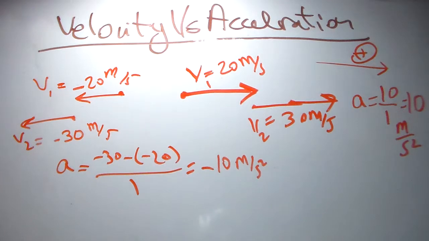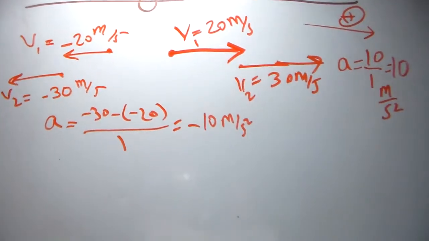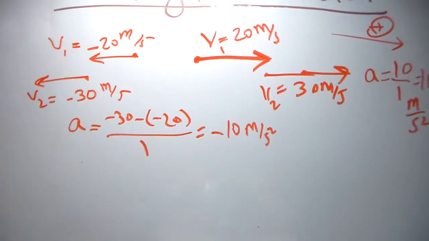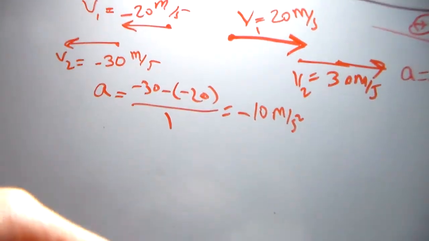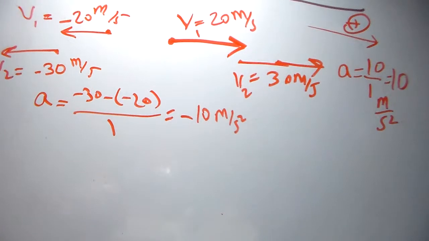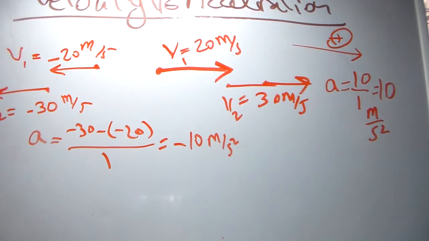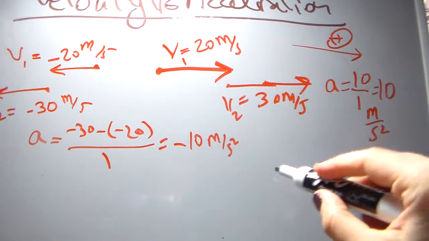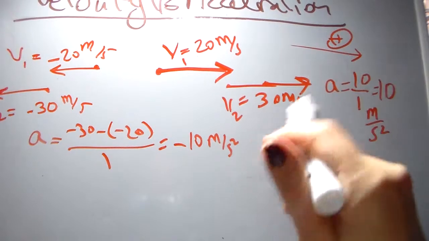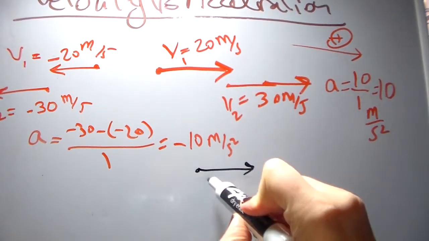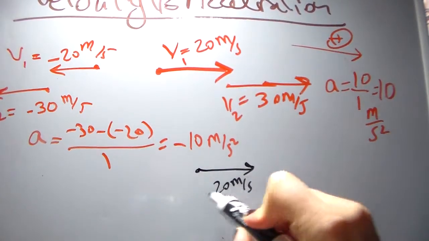Now let's move on and do 2 other scenarios where we have different signs for velocities and accelerations respectively. For the third option, let me use another color here. I'm moving to the right by 20 meters per second.